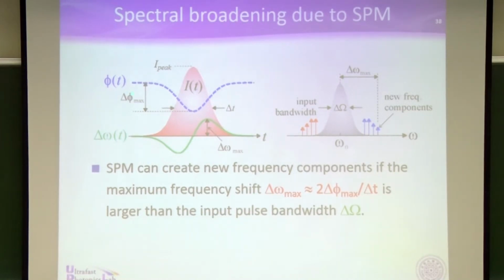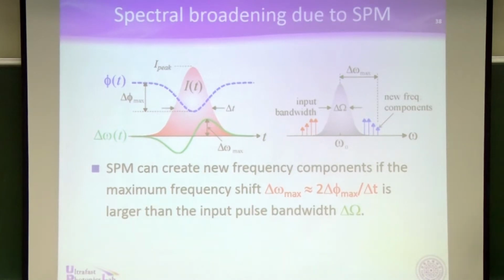If your delta phi max is much smaller than pi, then self phase modulation effect is unimportant. But if your peak intensity is higher and higher, eventually your delta phi max could be many pi's, then SPM effect is important. Okay? So here I designate the modulation depth of SPM as delta phi max.